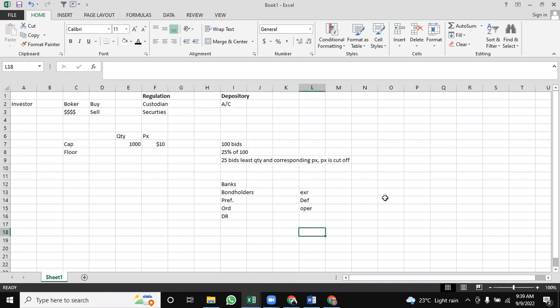Next question, guys, or no other question? Please explain authorized capital. Authorized capital is what the company is legally allowed to issue to the public in terms of shares.